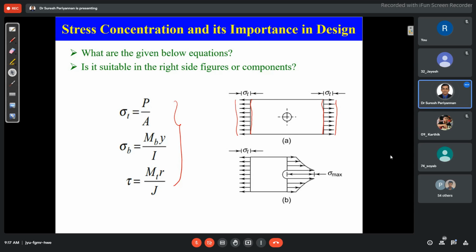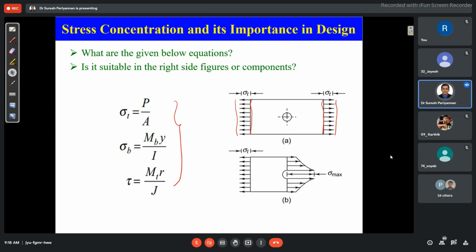When we studied theories of failure, there are five theories: maximum normal stress, maximum shear stress, distortion energy, and maximum shear strain theory. In all the theories, we assumed a standard test specimen without holes, a uniform cross section without any discontinuity.